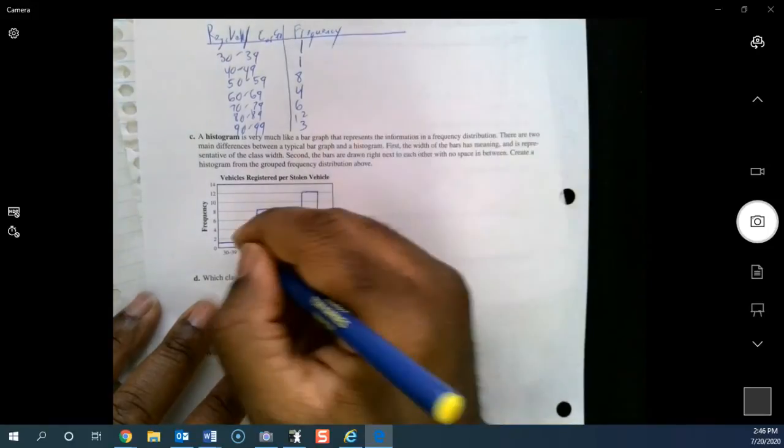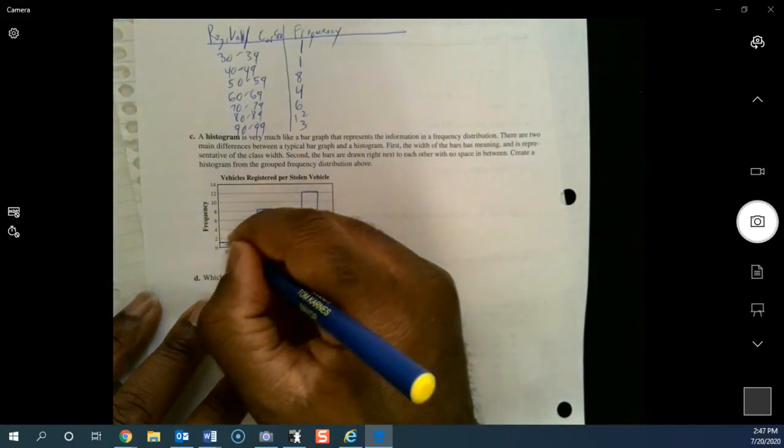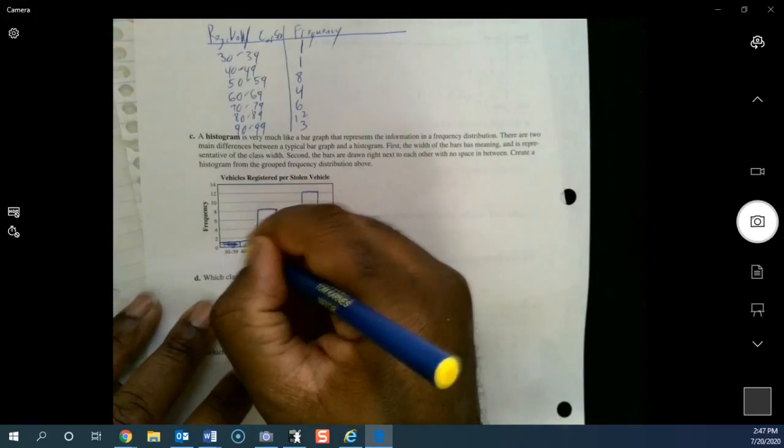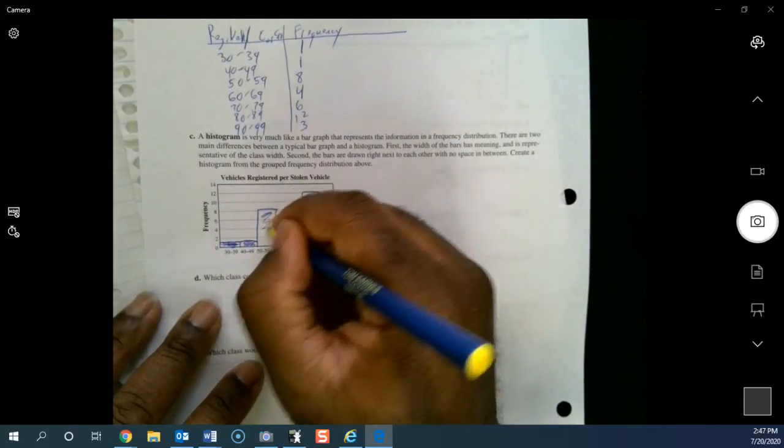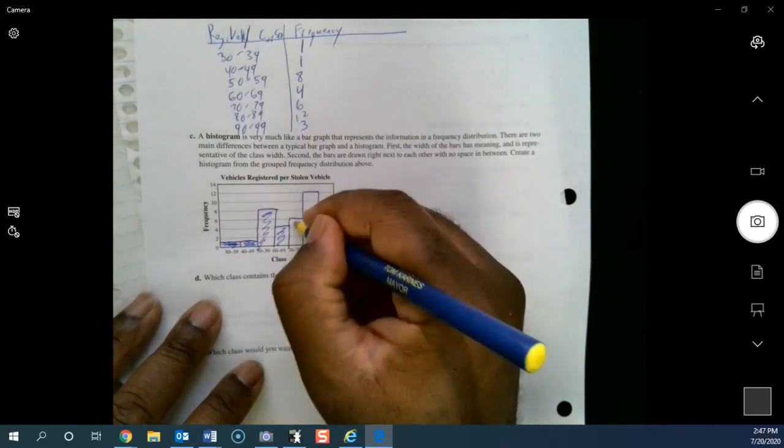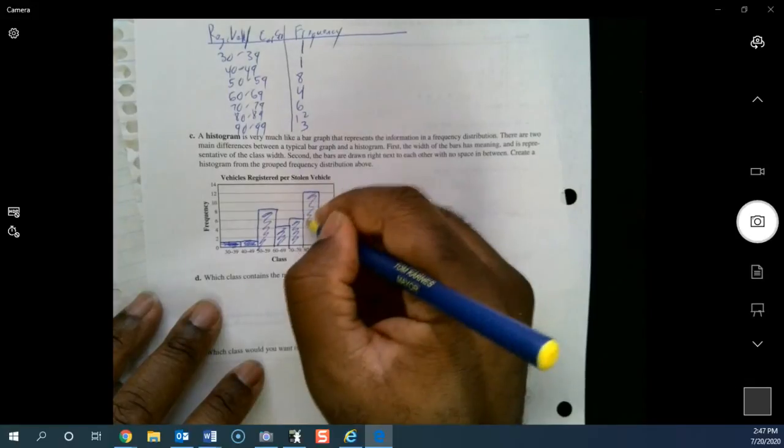And then typically we would shade in these spaces too. Now I'm not going to shade them all the way in because I don't want to use up all my ink. But this is how we would do the histogram. If you notice, they're all connected and they have specific values here. So this is basically your introduction to a histogram. It's different than a bar graph because remember, in a bar graph the values are separated from each other. And we are done.